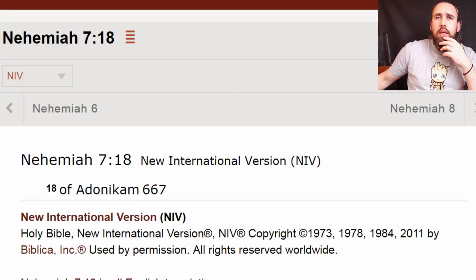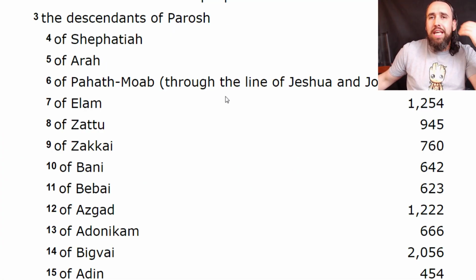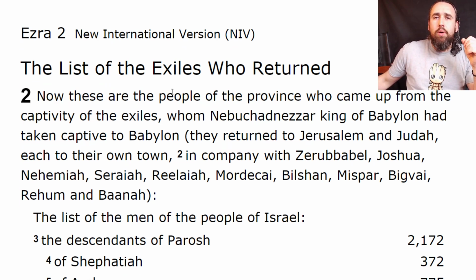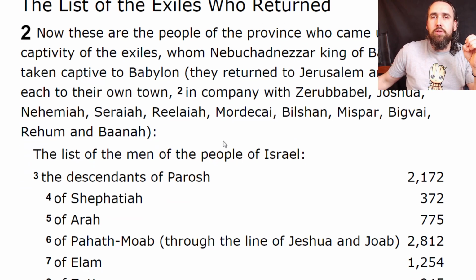Now, let's go further into this particular issue, right? If we read it in context, which a lot of atheists don't do, right? In Ezra: "Now these are the people of the province who came up from the captivity of the exiles," etc., etc., returned to Jerusalem and Judah, each to their own town, and so on and so forth.